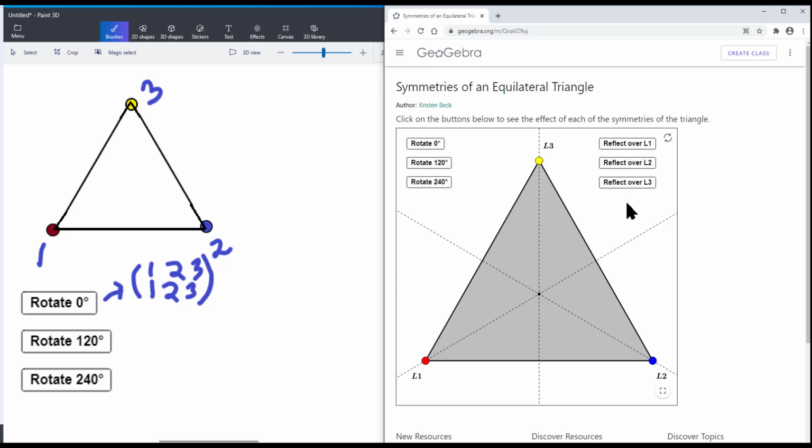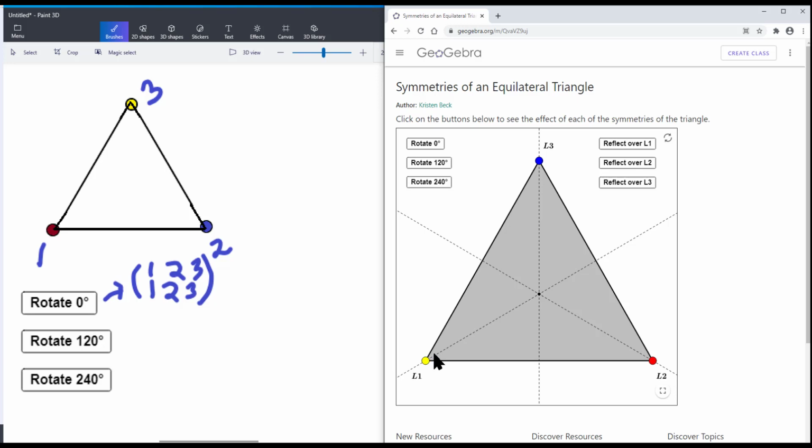Now let's look at the rotation by 120 degrees. So what happens in the rotation by 120 degrees? 1 went here in the place of 2, and 2 went here in the place of 3, and 3 went here in the place of 1.